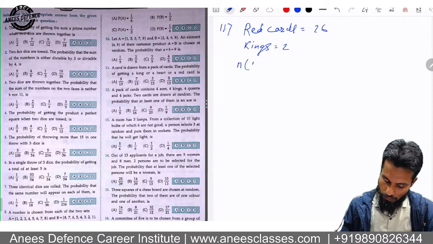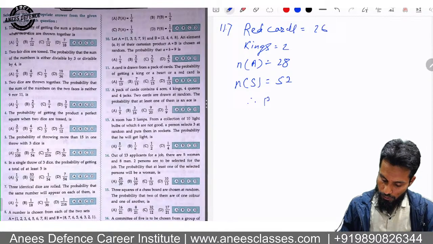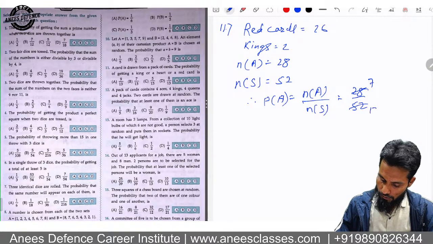So number of event A equals 26 plus 2, that is 28, and total sample space equals 52. Therefore, probability of event A is n(A) upon n(S), that is 28 upon 52. You can cut it by 4, giving 7 upon 13. Option B.